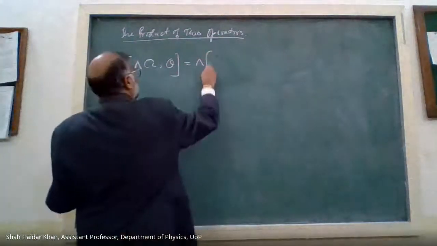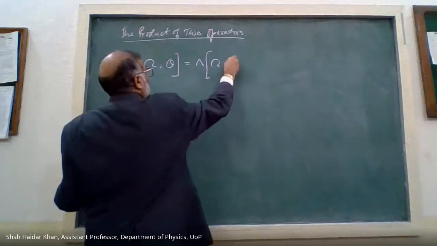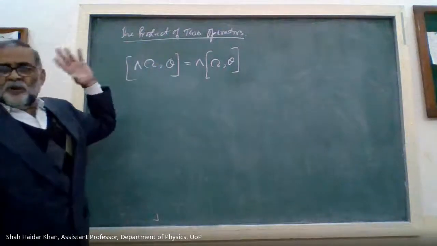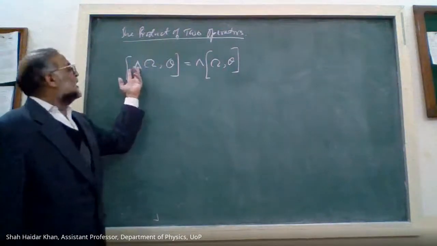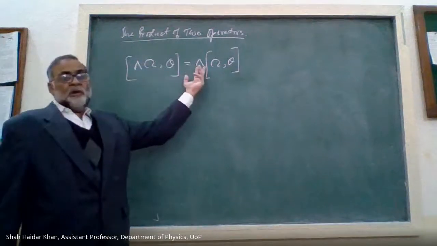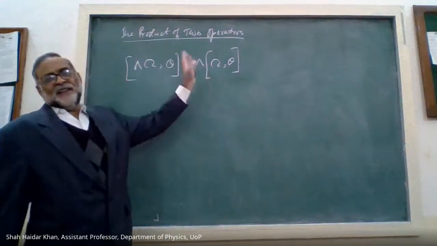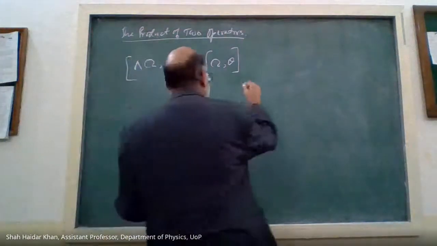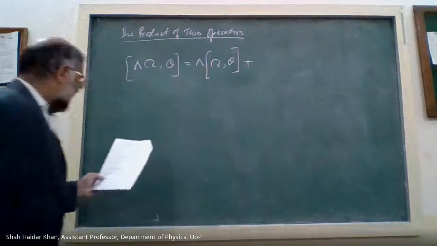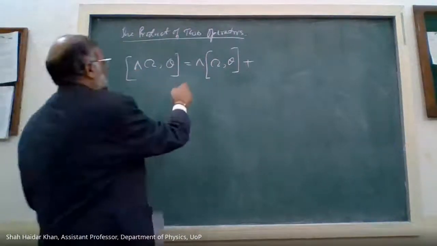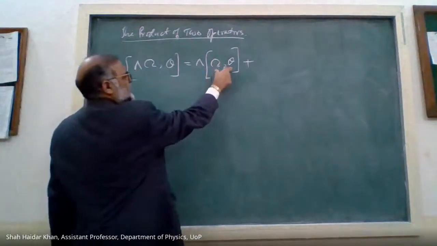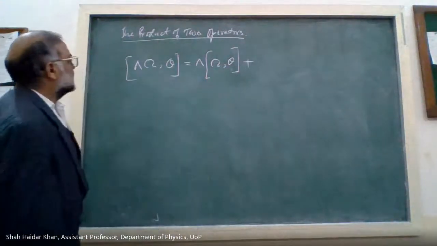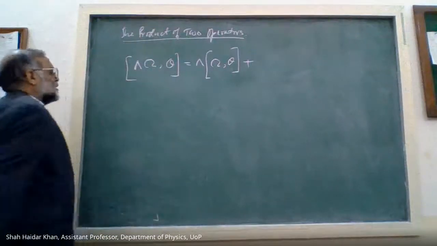And we will say this thing, the commutator of these two, and we should keep in mind that this is operating on these two, therefore we will put it in front, right? Then the commutator of these two is gone. Now we have to take the commutator of the other two, right?